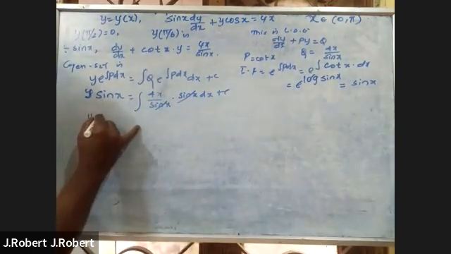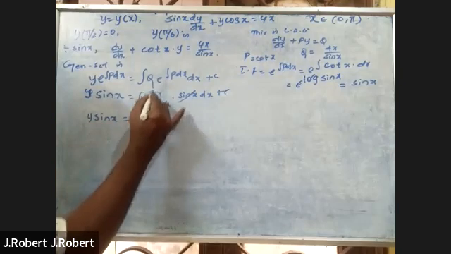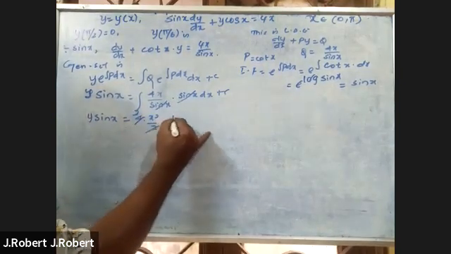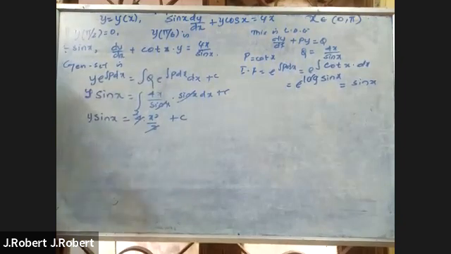y sin x equals the integration of 4x, integrating x gives x square by 2, and the 2 goes 2 times, plus c. We get the solution as y sin x is equal to 2x square plus c. Once this sub problem is complete, substitute y of pi by 2 equal to 0.